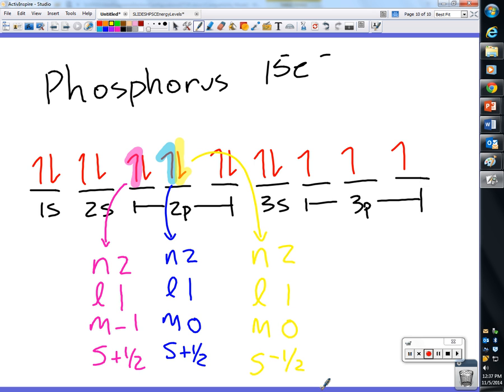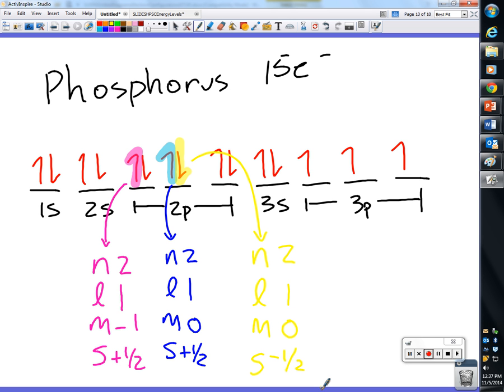Okay. So going back to the M value, finishing that statement, the M value for blue and yellow have to be different than purple, but the same as each other, because blue and yellow are both in the same 2p orbital.